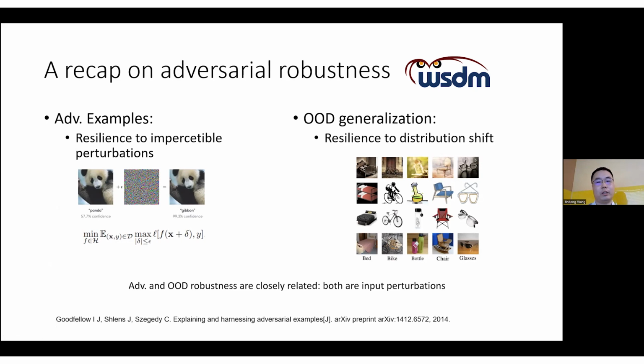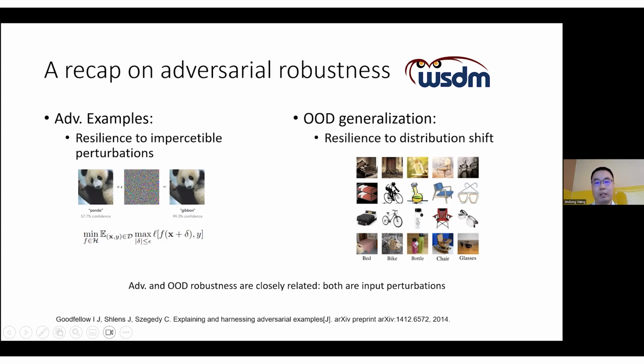So what's their difference? We can view them from another angle. In OOD generalization, although different kinds of images are different, we can see it as some other kind of perturbation, right? There's some paintings here, maybe some photos and paintings, and some sketches here, and the perturbation here is a style perturbation, right?